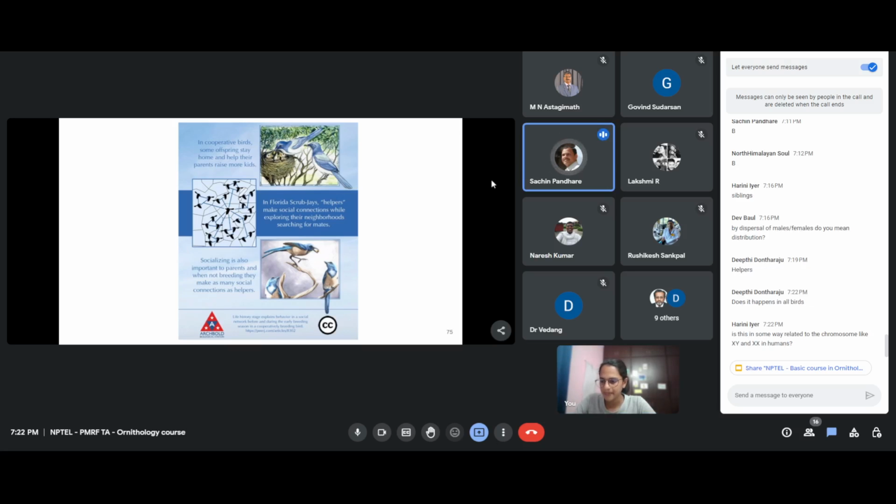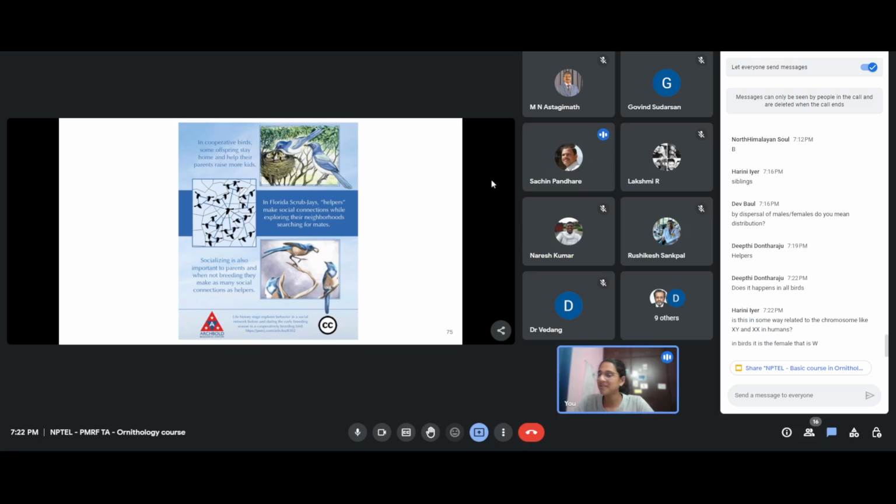Is it that males want to stay at the resourceful site, whereas females go and explore? I don't want to give wrong information, but let's discuss this during the next class, and I would like everyone to read up regarding this. Why do females disperse further than males?